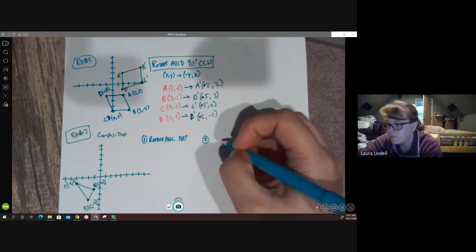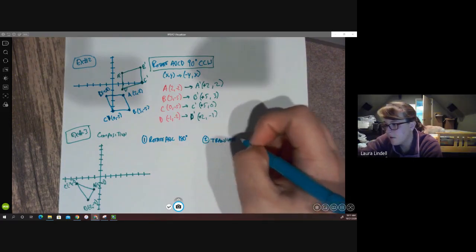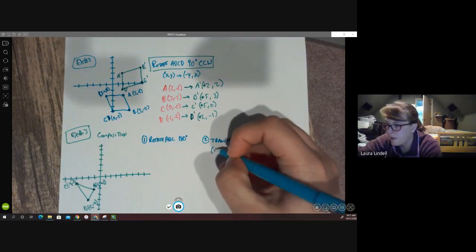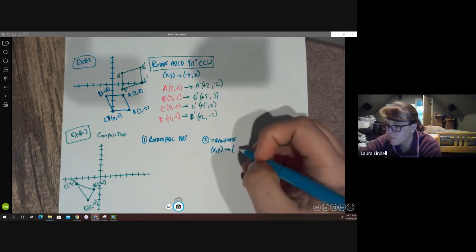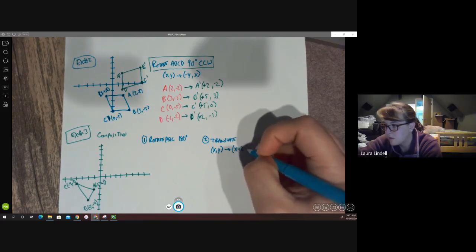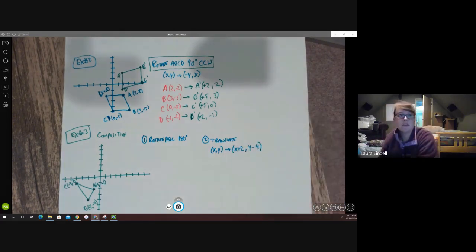Second instruction, translate with these instructions: X plus 2, Y minus 4.